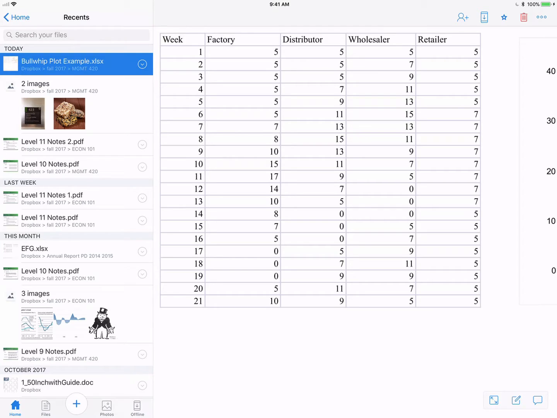So you can see the retailer, who's in direct contact with the customer, they mostly have demand of 5 units a week, and then there's an uptick in week 6, and then it goes back to 5 in week 14. The wholesaler is going to be placing orders from the distributor in order to meet the demand of the retailer. So as we work backwards, the retailer is going to buy product from the wholesaler, the wholesaler is going to get it from the distributor, and the distributor is going to get it from the factory.